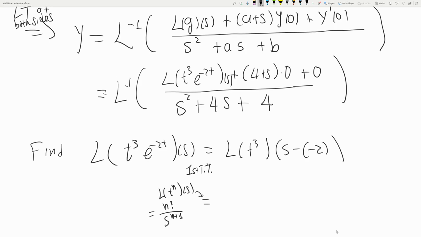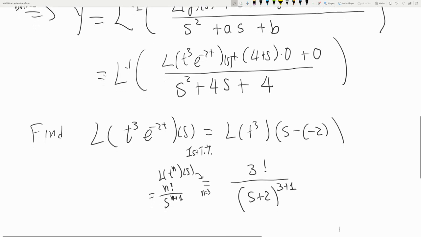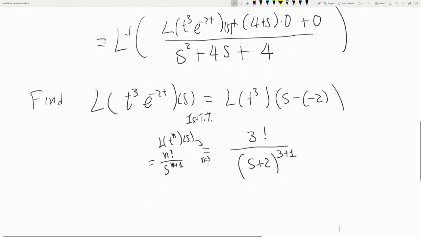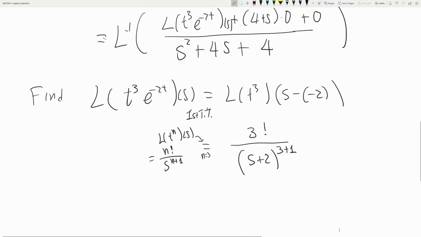So that means the following. n is 3, and you have 3 factorial over s plus 2 to the 3 plus 1. Okay, so that's how we use the translation theorem. Okay, so now let's return to star.